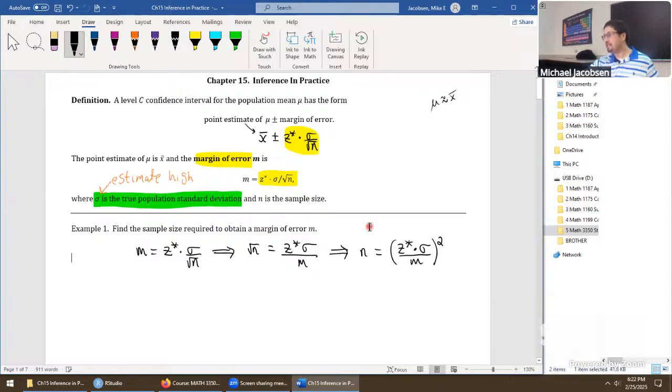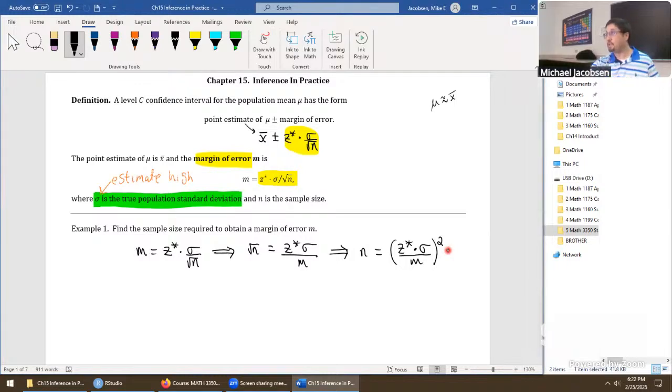That whole result gives us the sample size. But we need to be careful with that sample size because this is probably not an integer. In a lot of problems, this may be 50.72, something like that. Just like we estimate high for sigma, so the sample size is large enough to really hit the margin of error, we want to estimate large here as well for a conservative estimate.